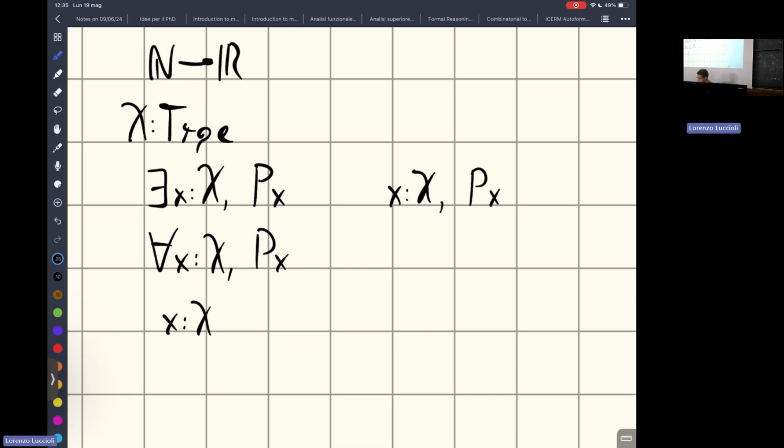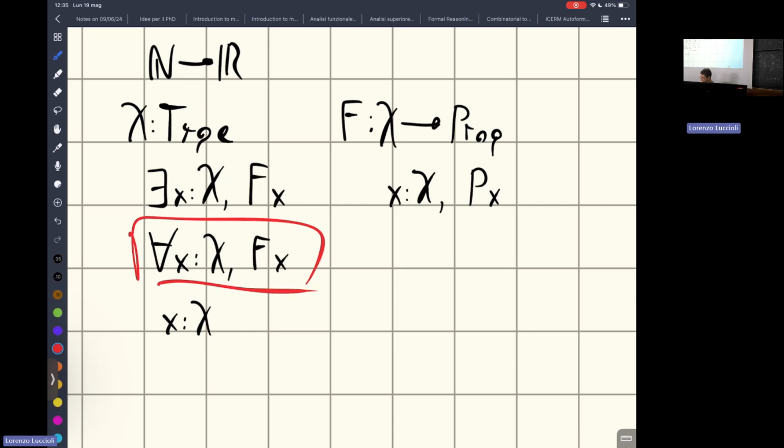Let's change the notation and use something else like F, because in this case F is not a Prop, but a function from X to Prop. So for every element of X, it gives us a Prop. And so to prove this, we need to provide a function that takes an element from X and gives us some proof in F of x. So it gives us a Prop, and that's also a dependent type, okay?